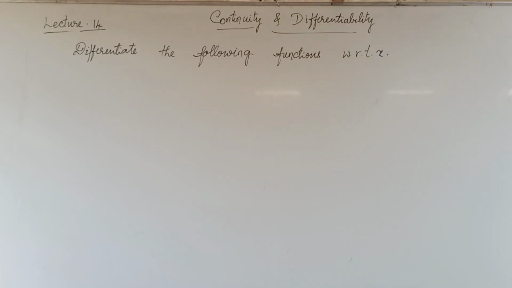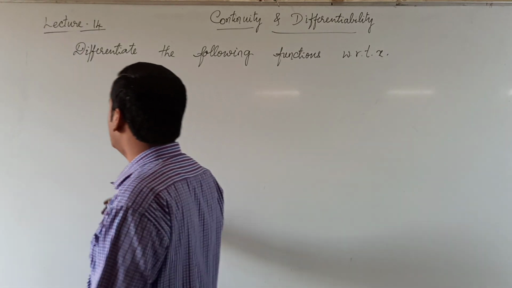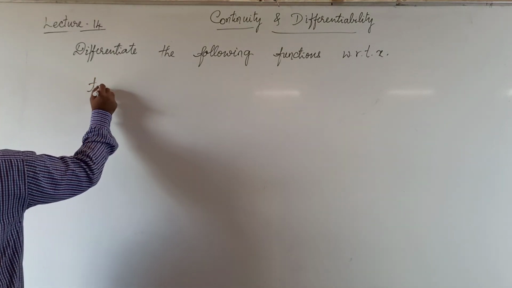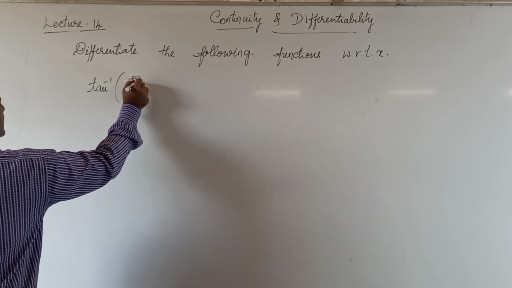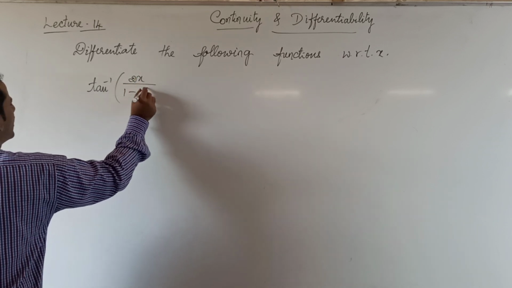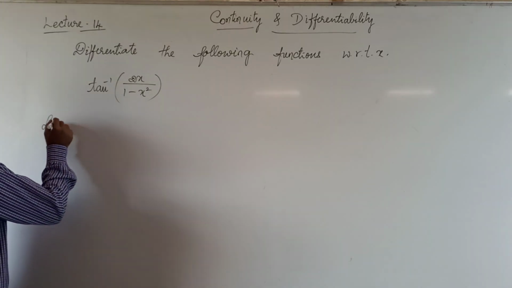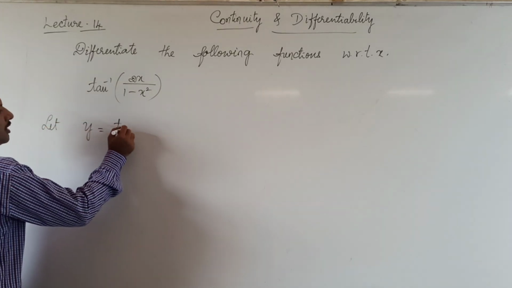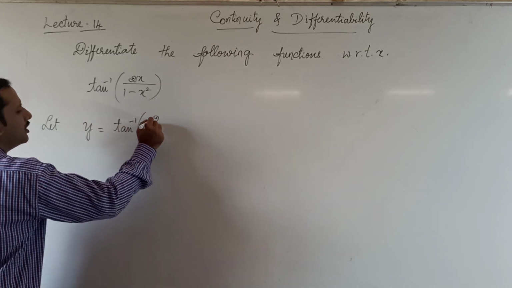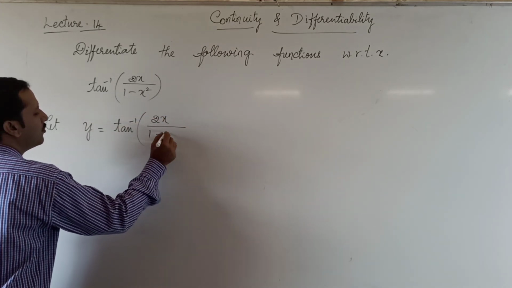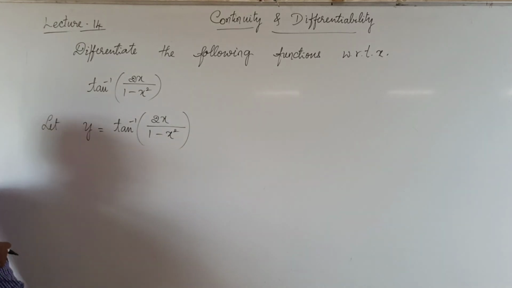First problem: tan inverse of 2x by 1 minus x square. Okay, so I will call this y. Let y is equal to tan inverse of 2x divided by 1 minus x square.